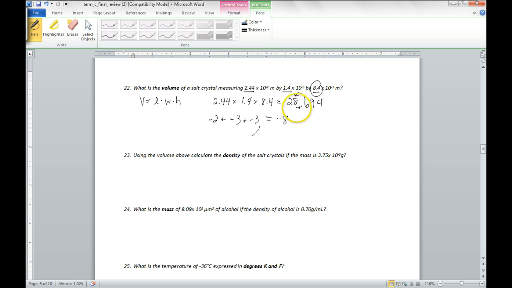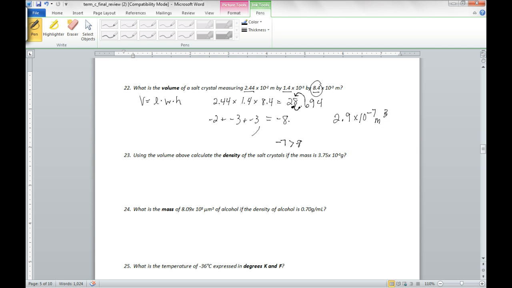We have to move the decimal over, making this number smaller, so this has to get bigger. I know a lot of you get confused. Remember, negative 7 is bigger than negative 8. So it's going to be 2.9 times 10 to the negative 7th meters cubed.